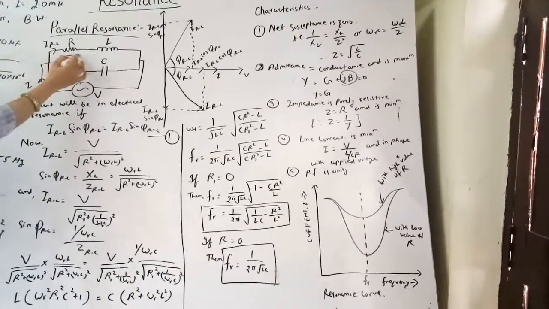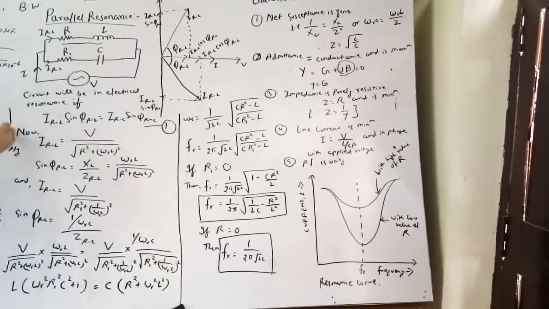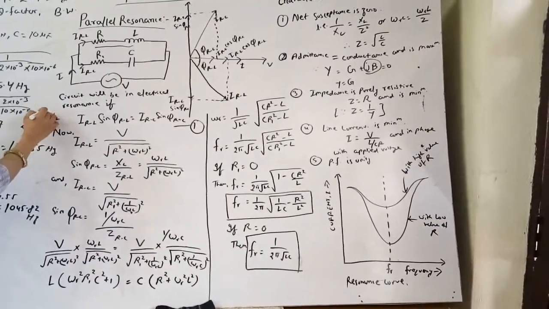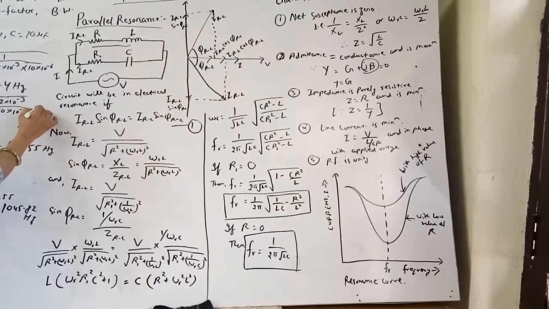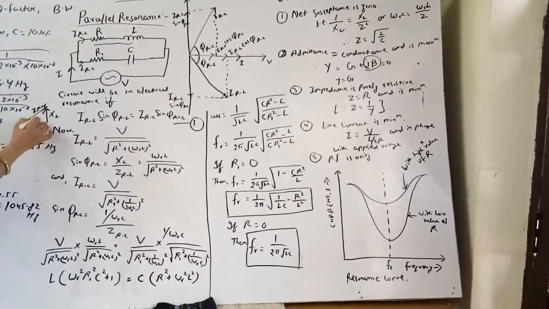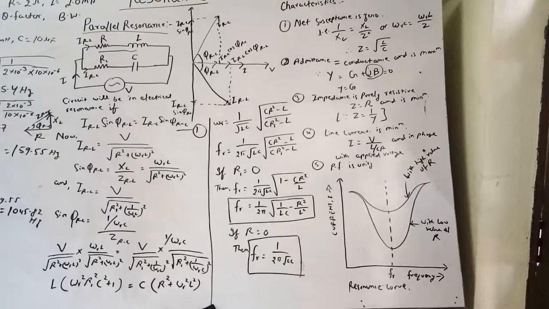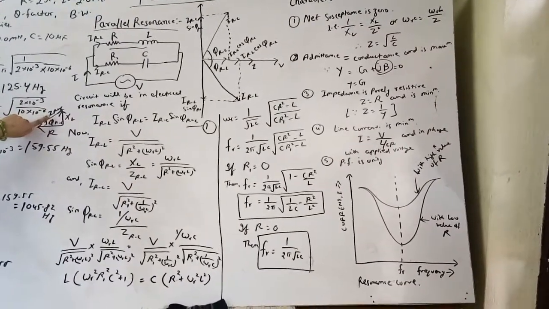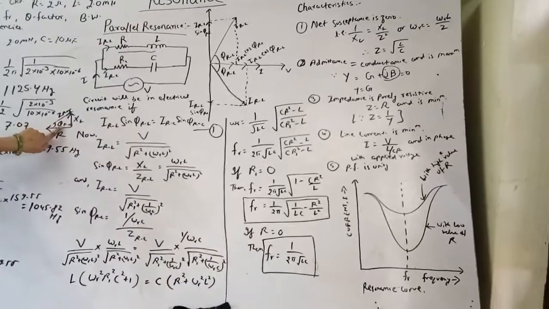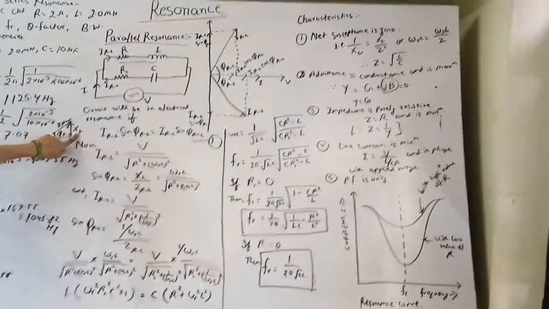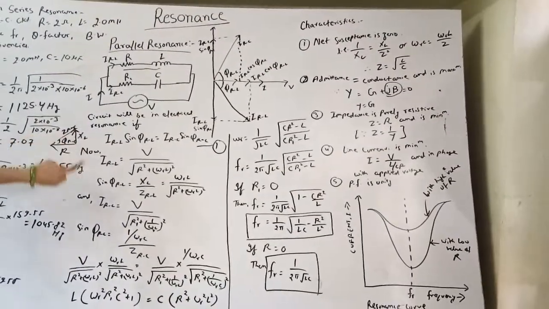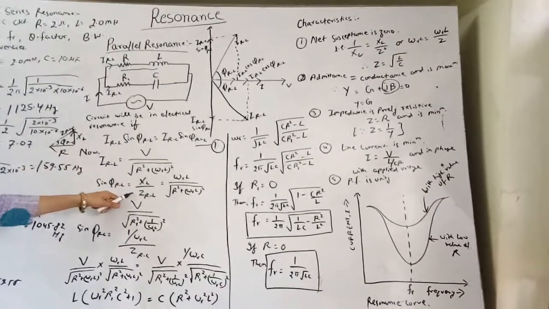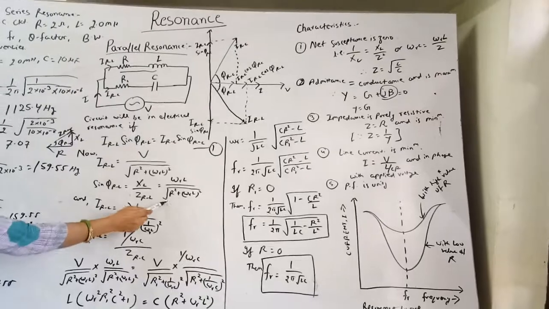You can draw the impedance triangle of this, here is your R, here is your XL and it will be your ZRL and it is your phi RL. So sine of phi RL equals XL upon ZRL. We have written here XL upon ZRL from the impedance triangle. Put the value of ZRL.